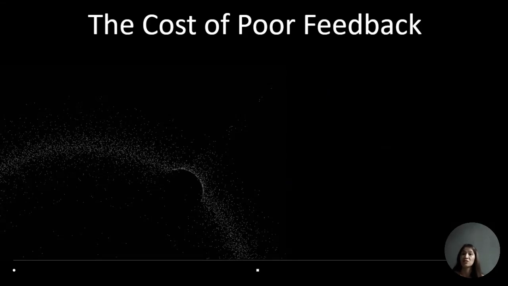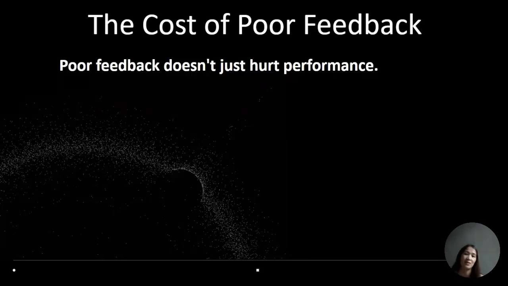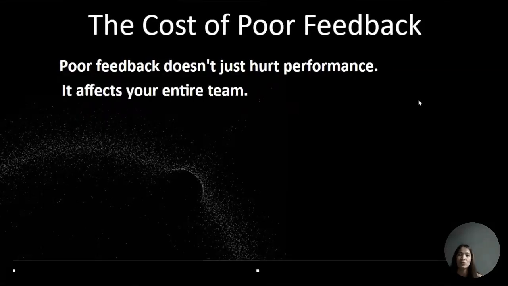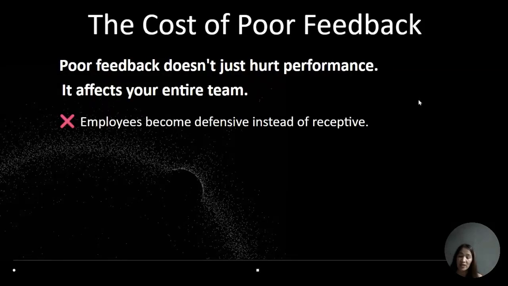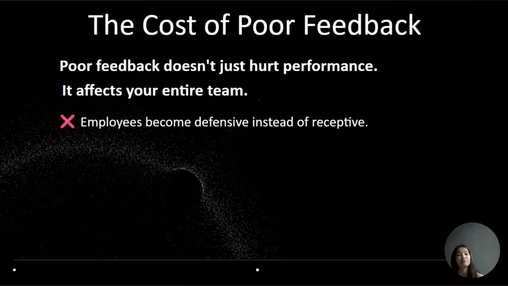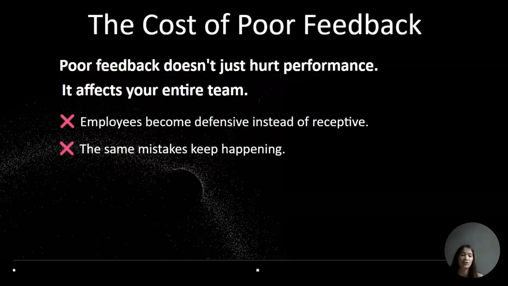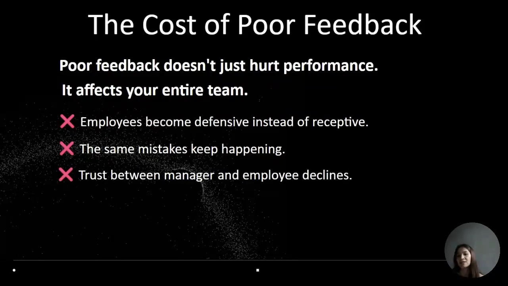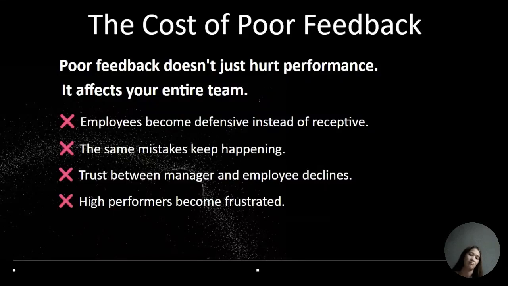Because there is a cost. There's a cost of poor feedback. There's an indirect impact, not just to your performance, but also to your entire team. Because when employees become defensive, instead of being receptive, they're not going to understand what you're trying to point out, and the same mistakes keep happening. The trust of your employees declines because they feel like you're attacking them all the time.